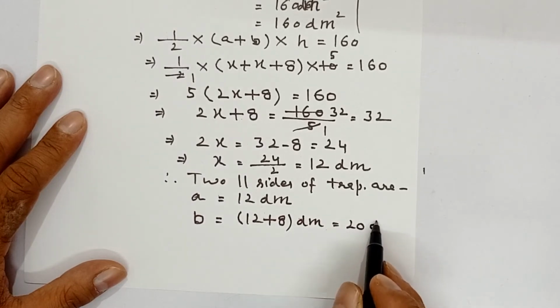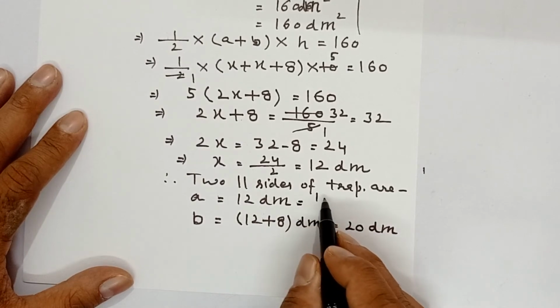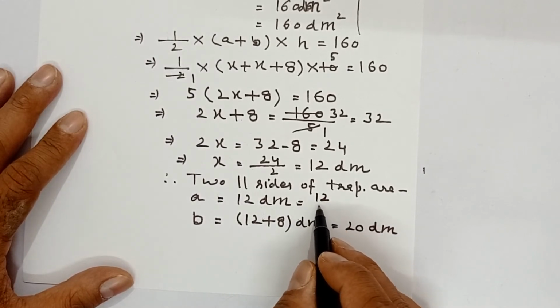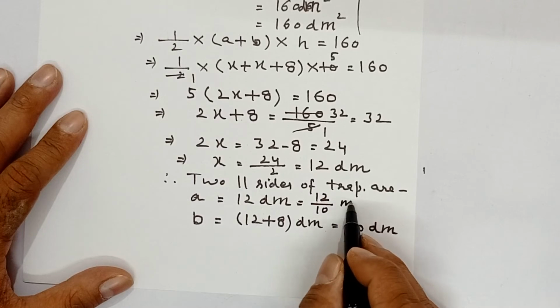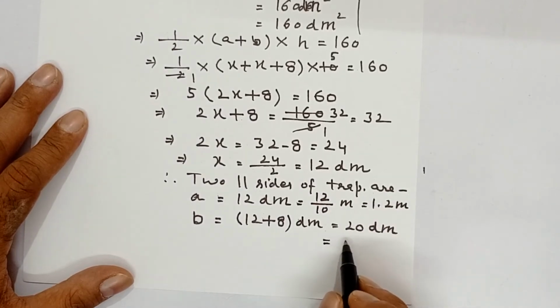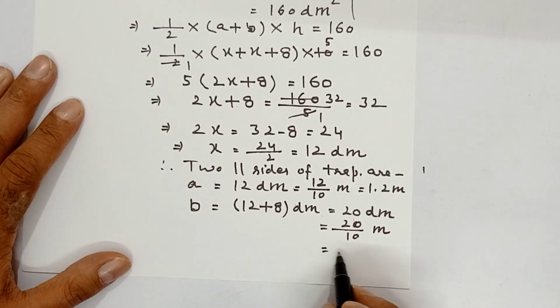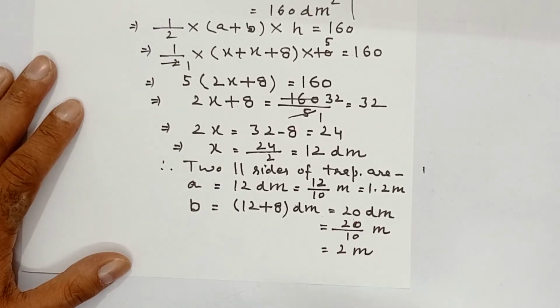If you wish to convert it into meters, in 1 meter there were 10 decimeters, so 12 over 10 will be 1.2 meter, and 20 by 10 will be 2 meter.